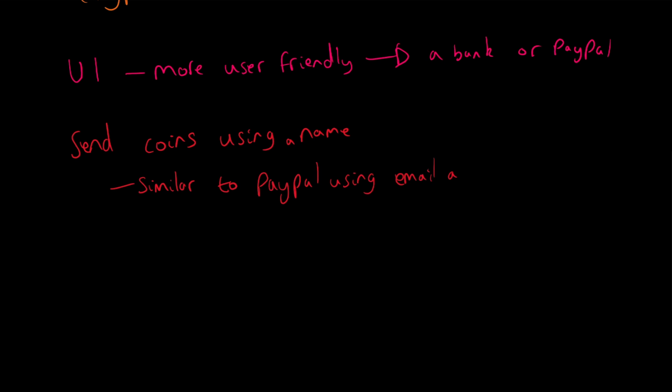Let's just say I want to send $10 to my friend via PayPal. My friend's name is, let's say, Bob Harris, and maybe his email is bobharris@gmail.com. That's a very easy thing to remember, and it's easy to note down as well.